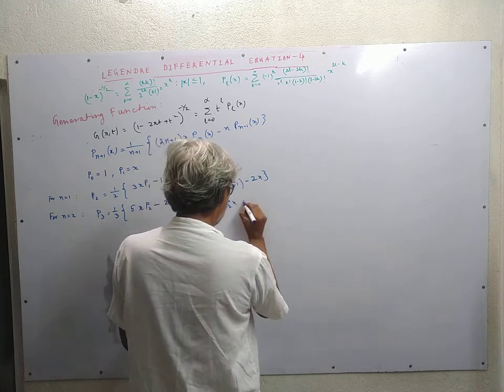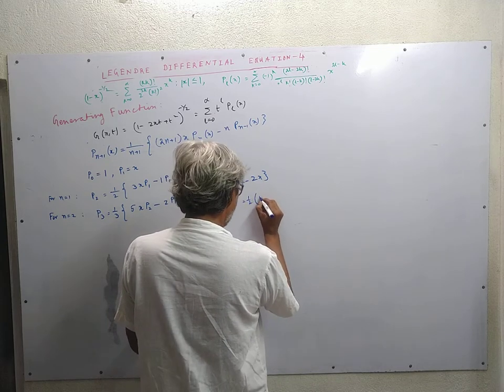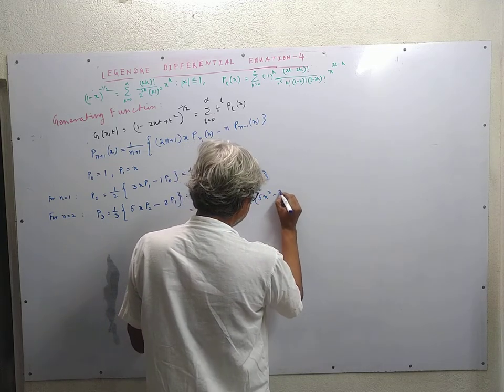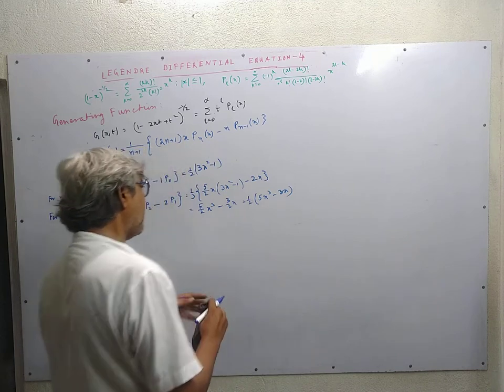So this comes out to be half common, (5x cubed minus 3x), which we obtained earlier.